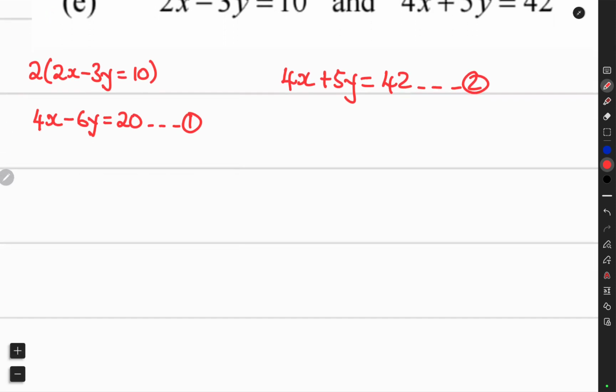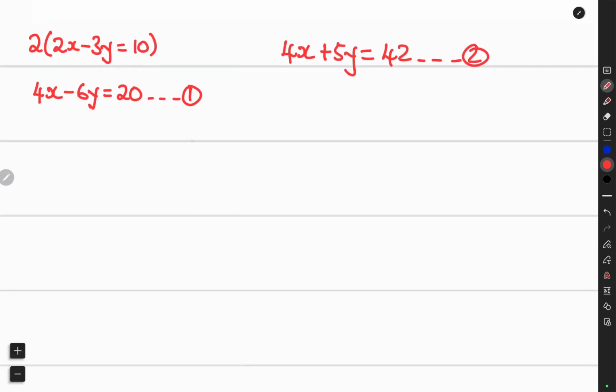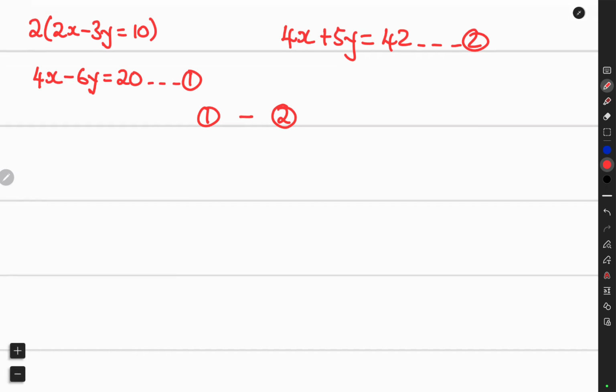Now that you have the two equations, you'll say equation 1 minus equation 2.